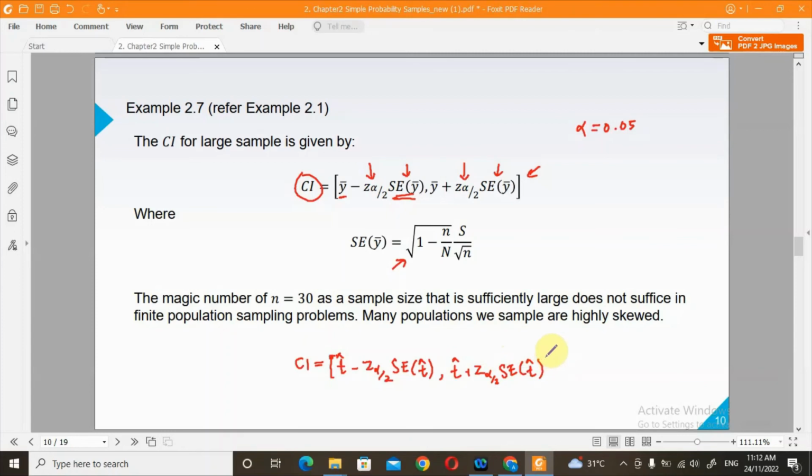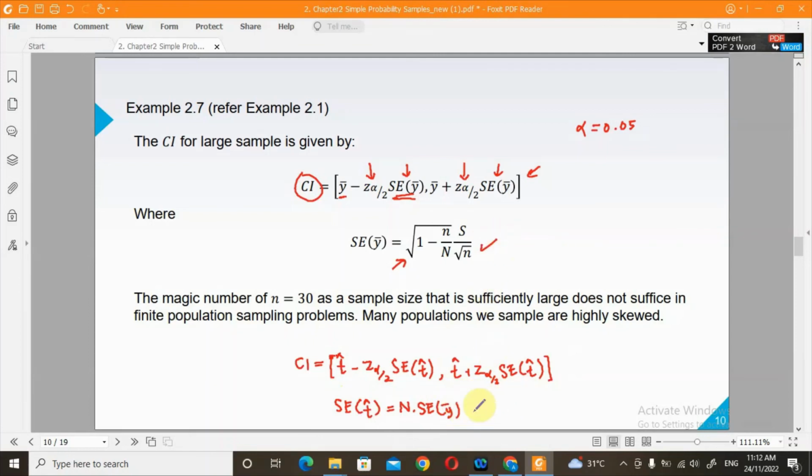And how do we get the standard error of t hat? It is equal to N times the standard error of y bar, that is this value.